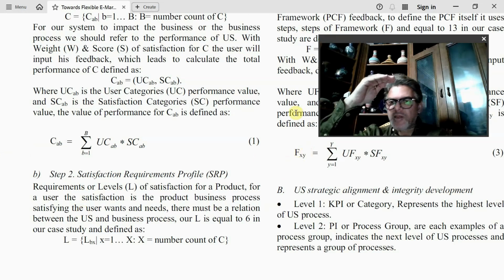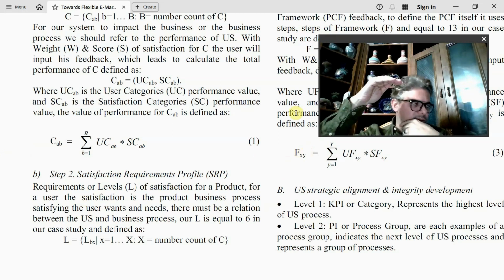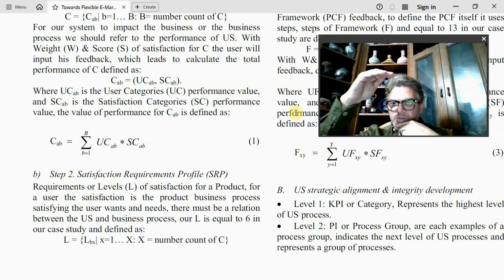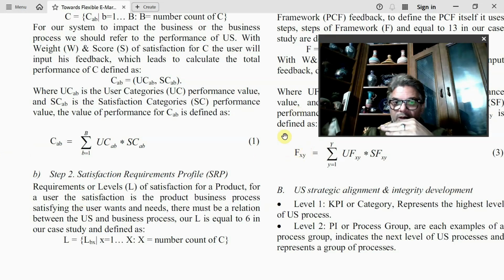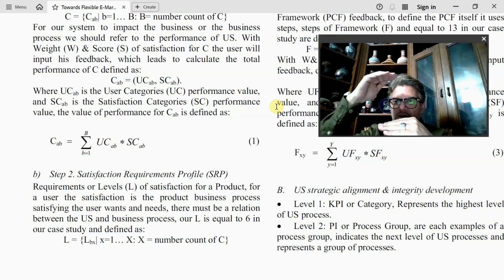The categories are for the satisfaction of the human or agent or user. So it's independent and ambiguous. But then for the framework, this is linear progression. Okay, so independent, ambiguous, and linear progression.